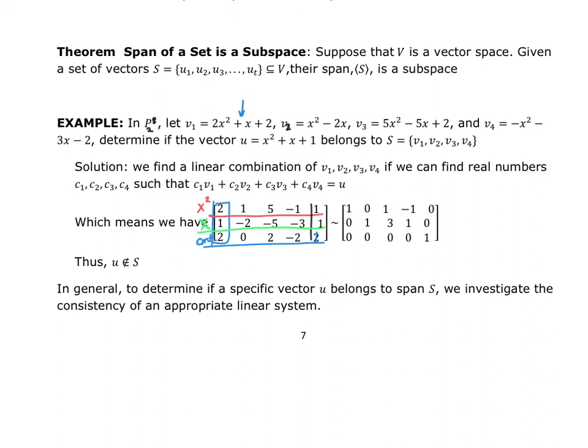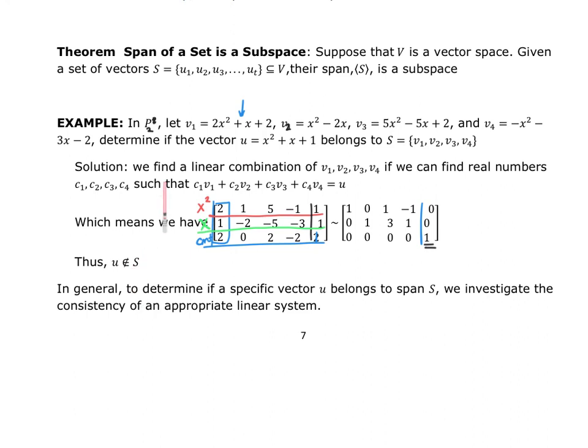And then I end up with this being my solution, which is right here. This is the augmented matrix, and we know that we have a pivot in the last column. The pivot in the last column means that we have no solution, which means that U does not belong to the span.